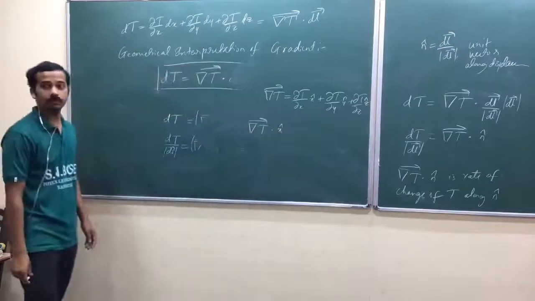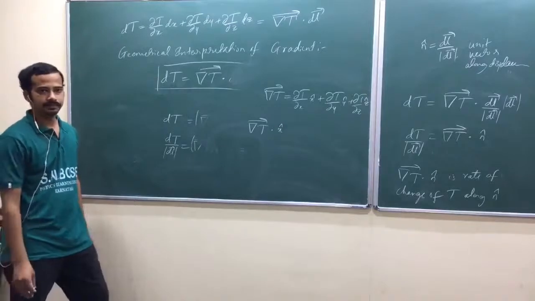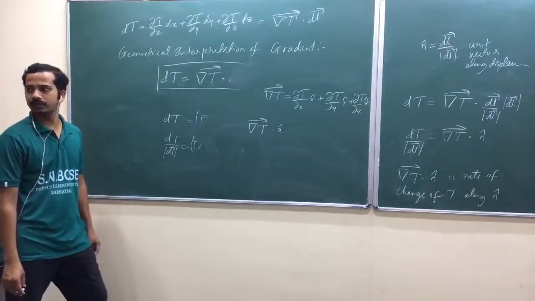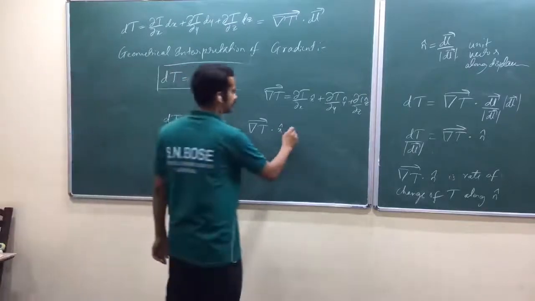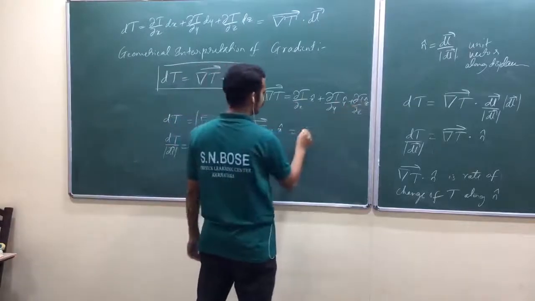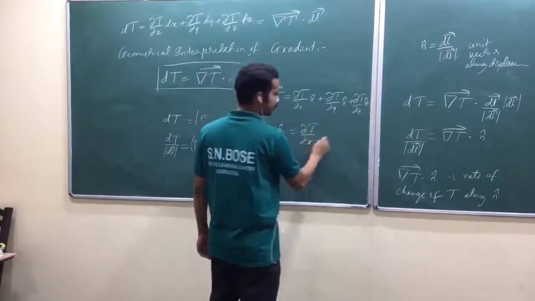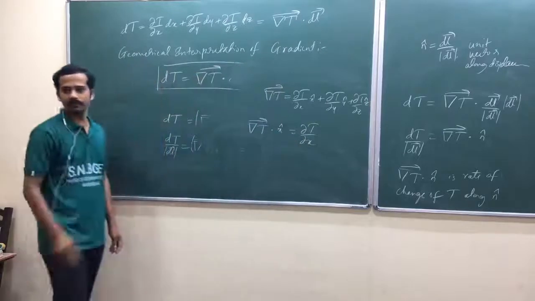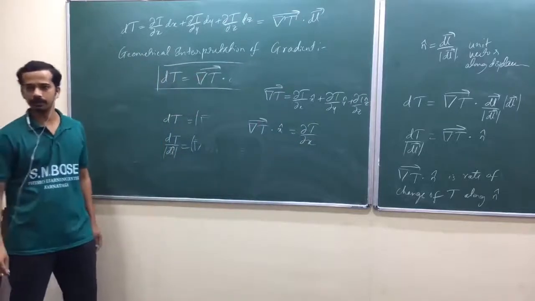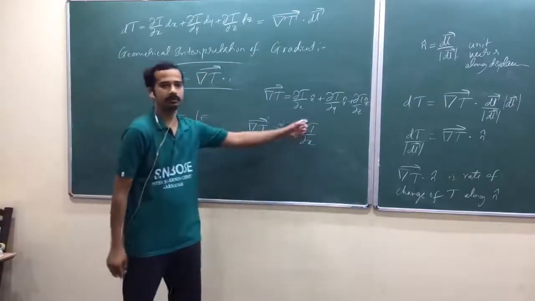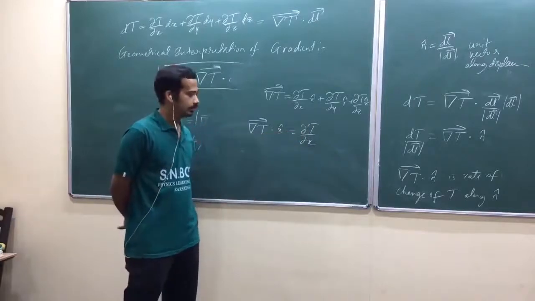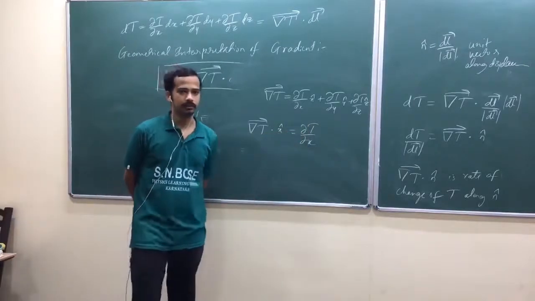What would you get? What should you get? You should get rate of change in the x direction. Am I right? When you take dot product with x cap, what would you get? So these two parts will be 0. Dou t by dou x. What is this? Rate of change with respect to x. Am I right? So that's nothing but one of the directional derivatives. Is that okay?